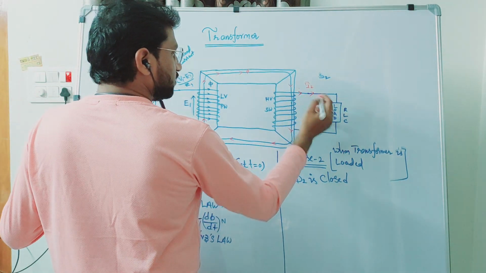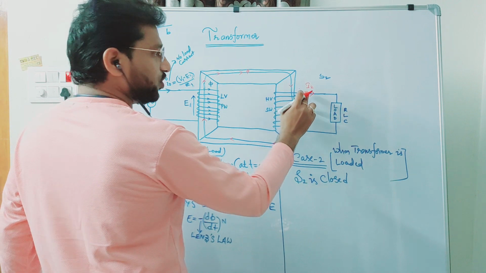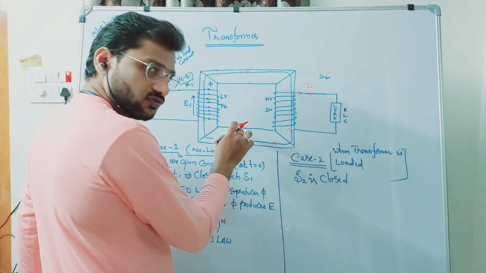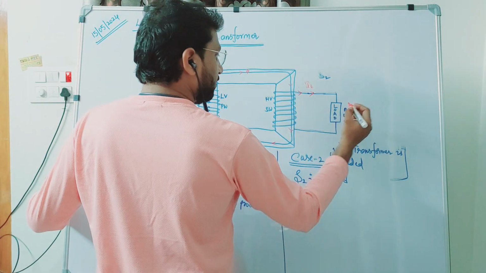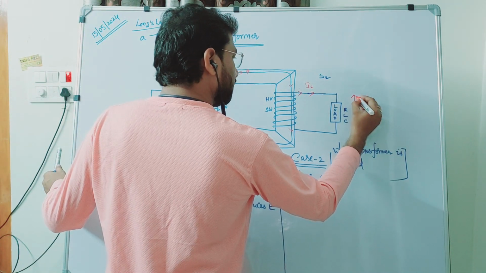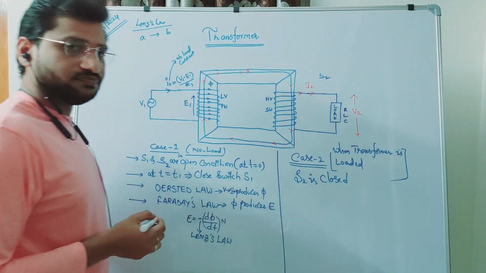So the load connected to the secondary winding is going to draw the current from the transformer to feed the load, right? So now what happens? The terminal voltage appearing across the load can be taken as V2.